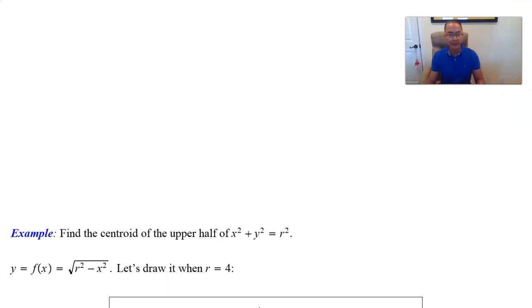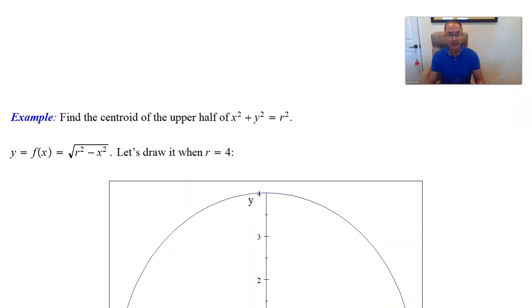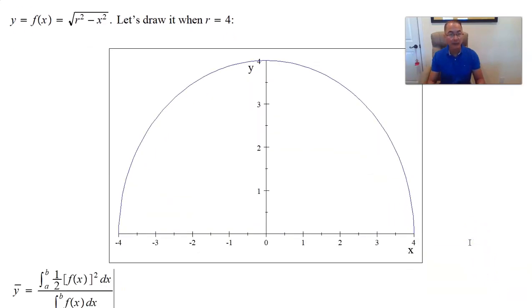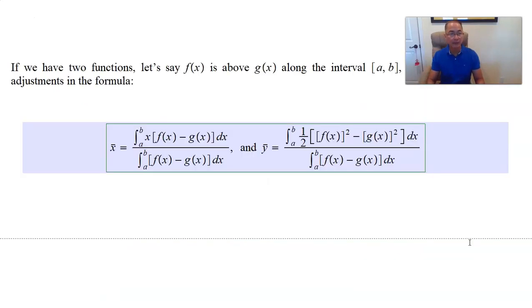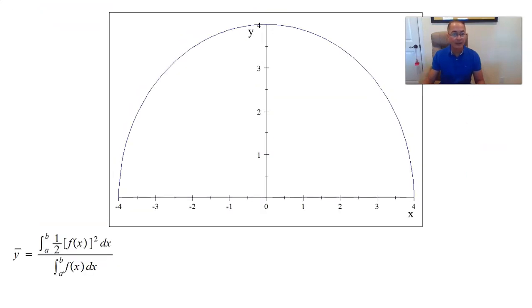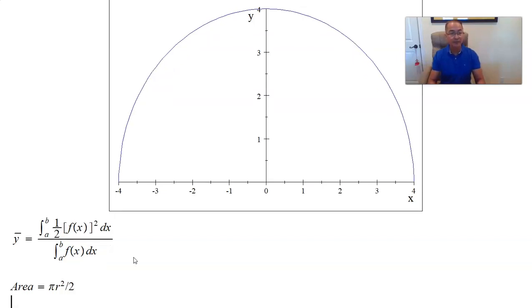So let's copy that over here. We will also save that for later. We have that formula for y bar, and of course this is the area of the semicircle, and everyone knows that that area is pi r squared, but we have half, pi r squared divided by 2.